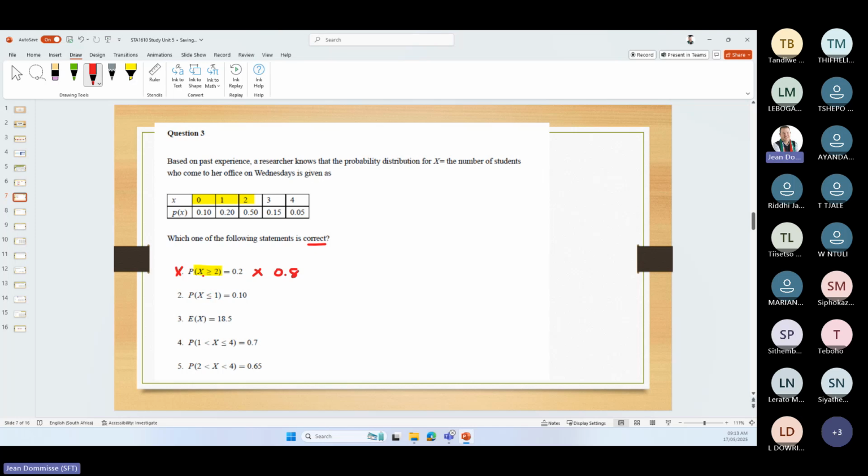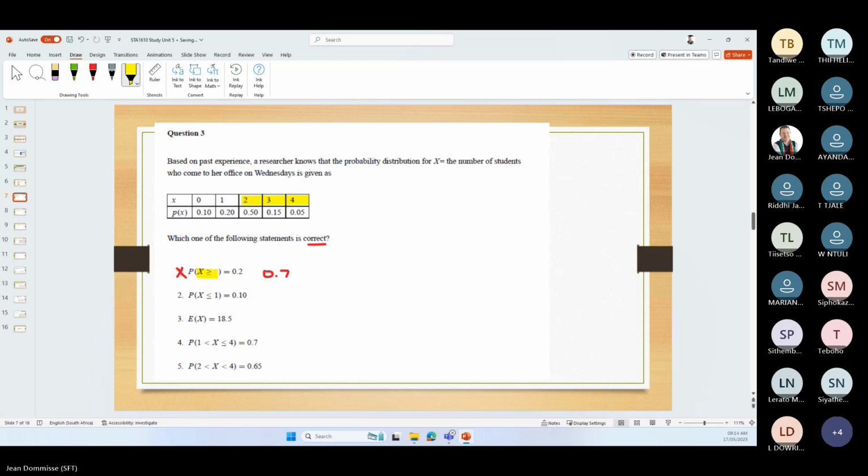Oh, sorry, I read that wrong. And how easy that is to make that mistake. Bigger or equal to 2, not smaller or equal to, bigger or equal to 2. So it is 0.5 plus 0.15 plus 0.05. Okay, still wrong because it's 0.7.